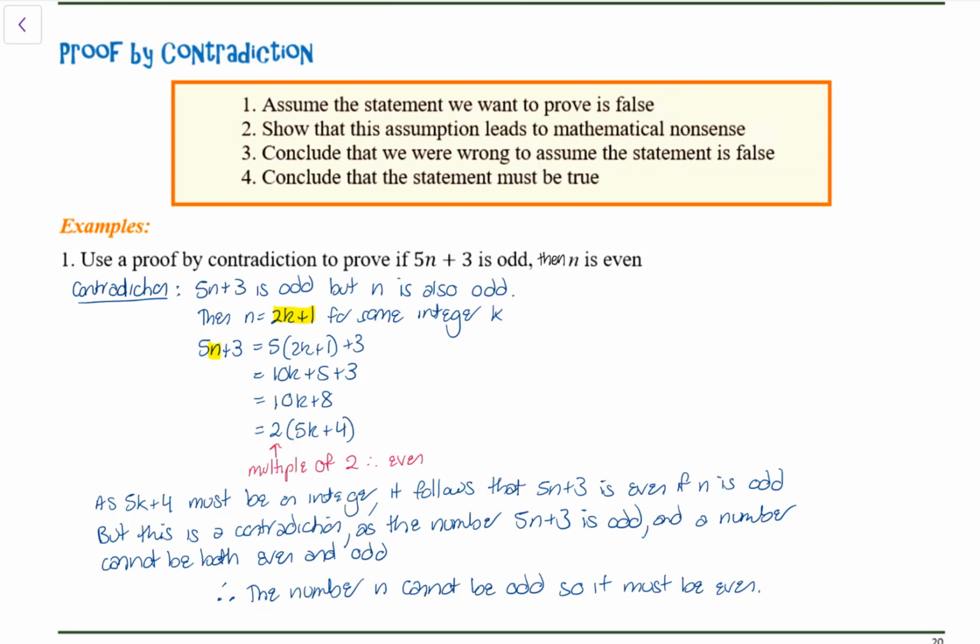Okay, so we started with that contradiction. 5n plus 3 is odd, but n is also odd. We went through and showed that 5n plus 3 is even. 5n plus 3 can't be both even and odd, so that's a contradiction. So therefore the number cannot be odd, it has to be even.